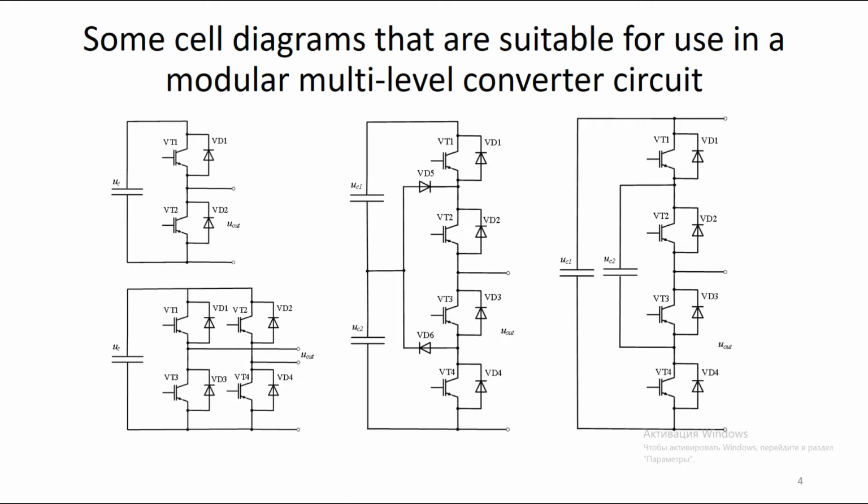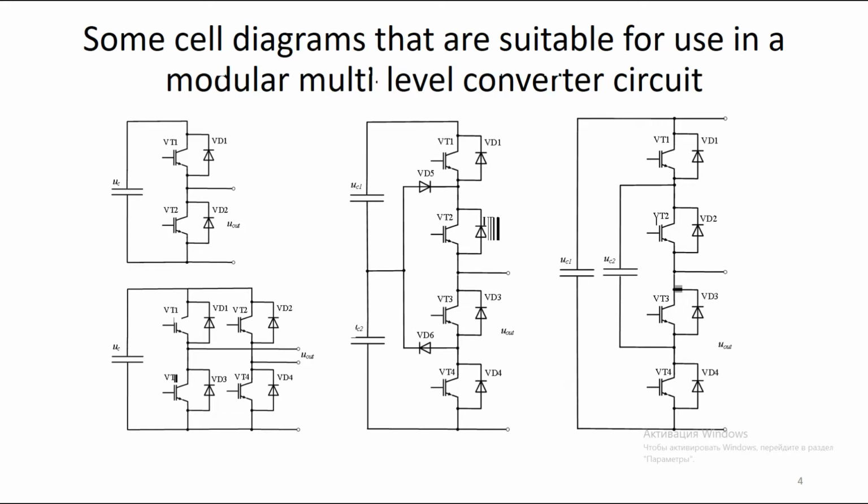The most popular is the scheme of half-bridge modules. It contains two switches operating in inverse mode and provides two levels of output voltage: zero voltage and voltage equal to the voltage of the capacitor you see. This scheme is able to provide a low level of energy loss and high reliability.